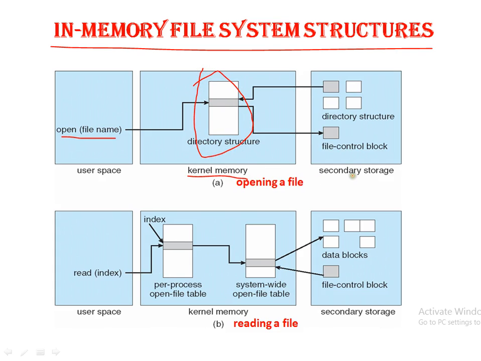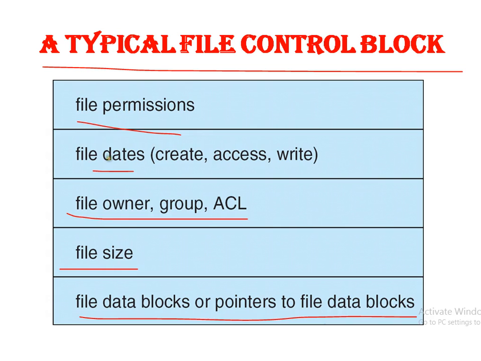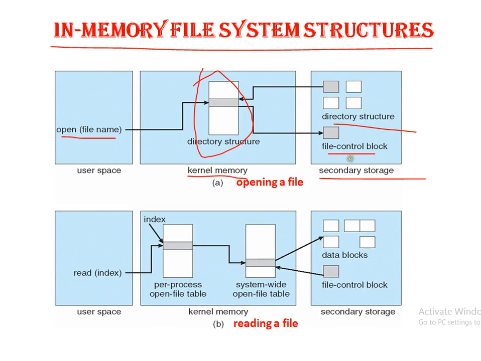If it is not there, then you go to your secondary storage device and fetch the file from your directory structure. Then, with the help of your file control block. Why? Because inside my file control block I have all the details about a particular file, that is your file permission, file owner, data size, data blocks, all those things. So with the help of this, I will fetch the file if I want to open a particular file.